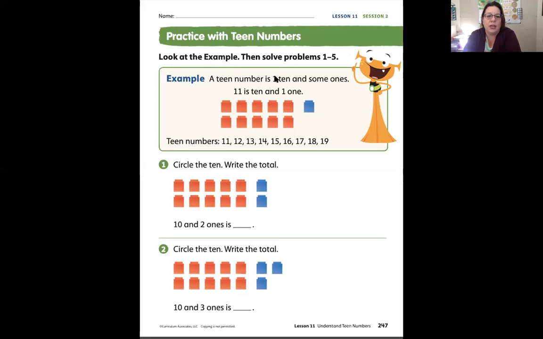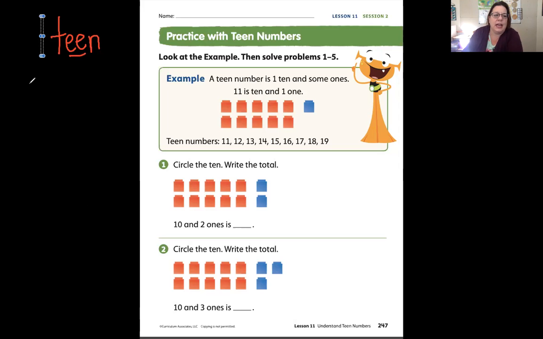A teen number is 1 ten and some ones, right? So when I have a teen, I'm going to write teen. Teen, right?